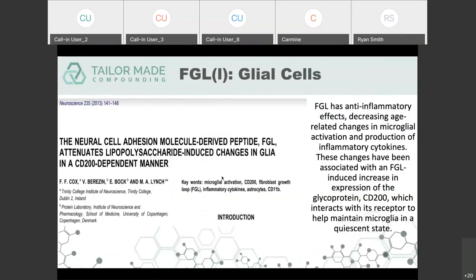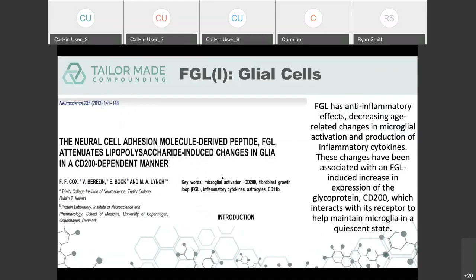The other area of clinical benefit is one that's frequently talked about as we talk about Lyme and some of those CIRS and chronic mold patients, where they have chronic inflammation of the brain leading to a lot of that fatigue syndrome, a lot of just brain fog, as a lot of people describe it. This study looks at how FGL can handle and affect glial cells and their inflammation.